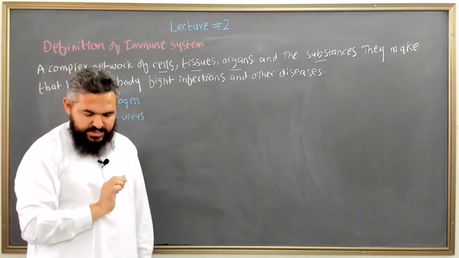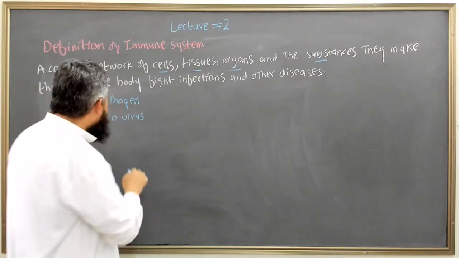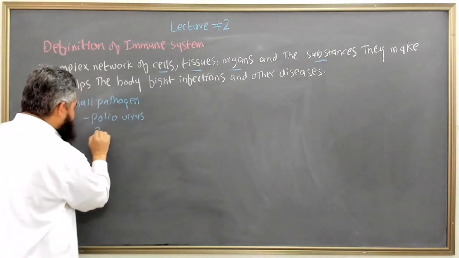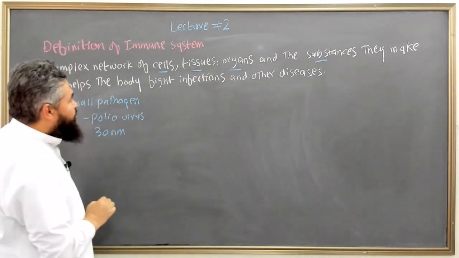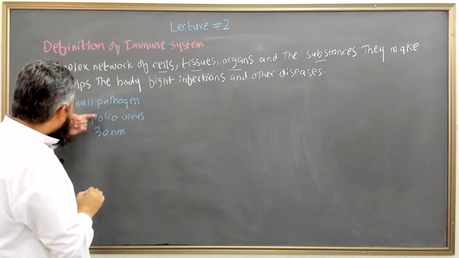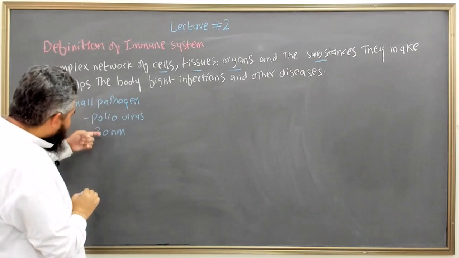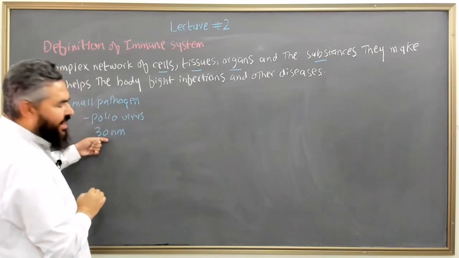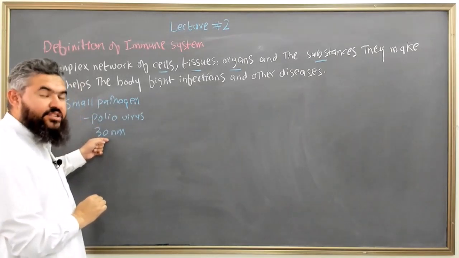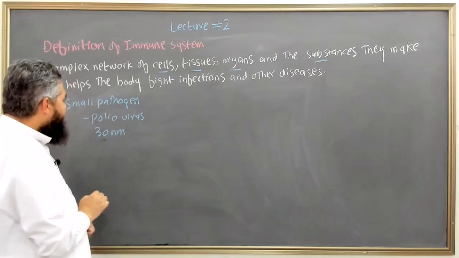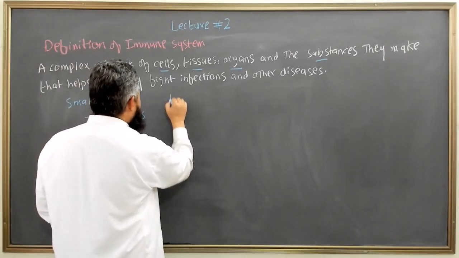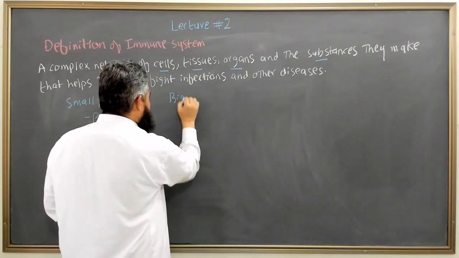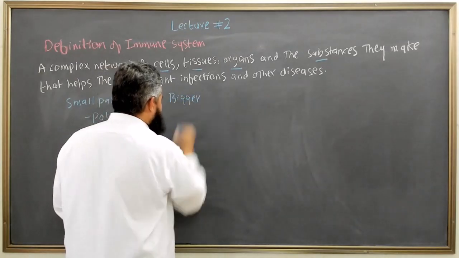If you look at the size of the poliovirus, it is only 30 nanometers. That means that if your body is going to protect itself from polio infection from such a small organism, the system needs to be very complex. We are also infected by bigger pathogens.